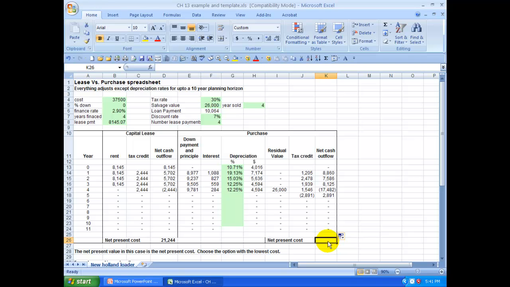And then my net present cost is equal to NPV, opening parentheses, my rate, which is the discount rate, 7%, comma, year one amounts through the end, close parentheses, plus year zero's amount.